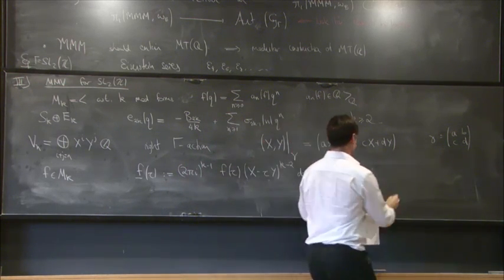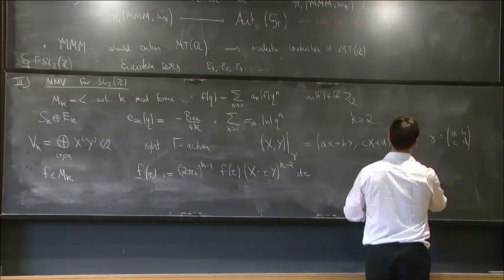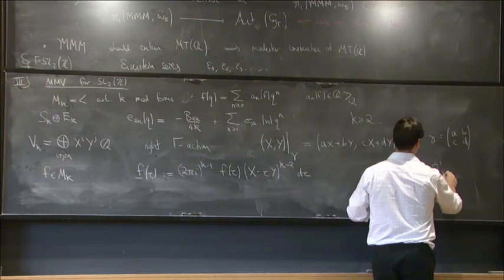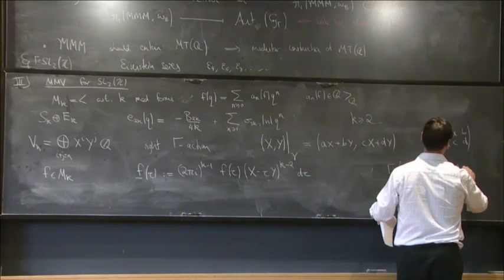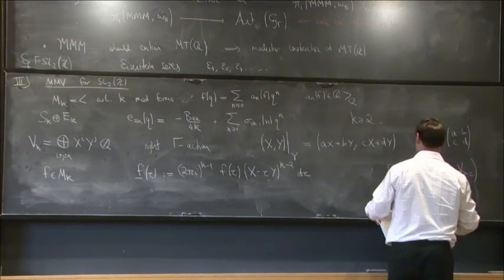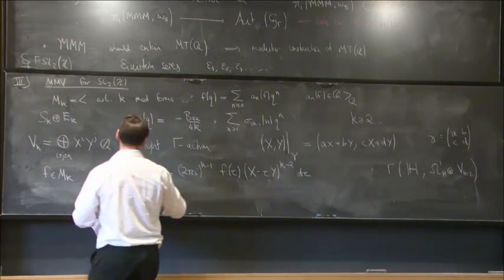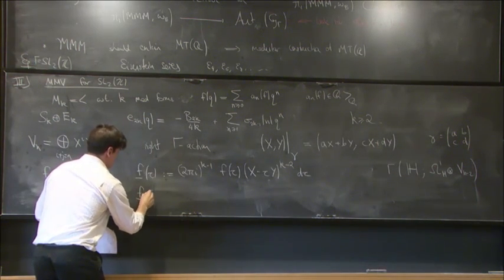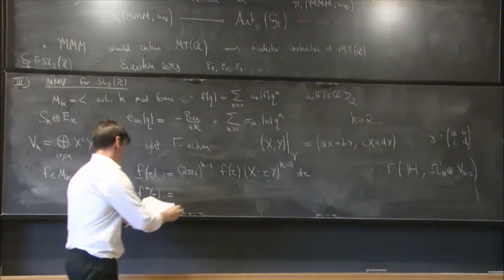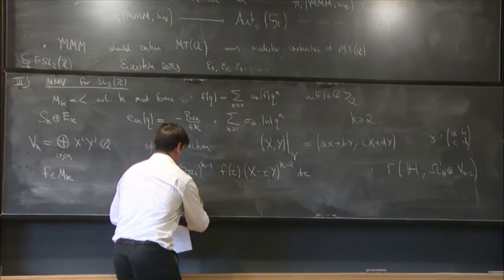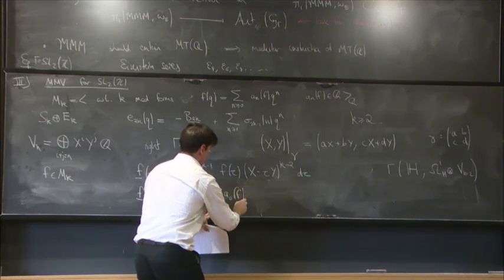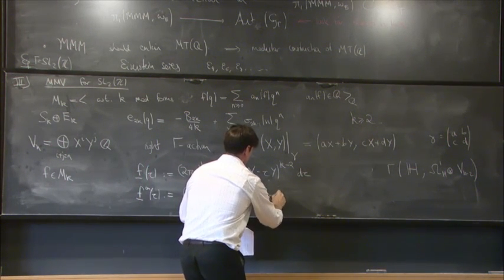And we think of this as a section of the upper half plane tensor V_{k-2}. And then we need some sort of residue at infinity. So f infinity of tau is 2 pi i to the k minus 1 a_0 of f, which is just a number, times the same thing.